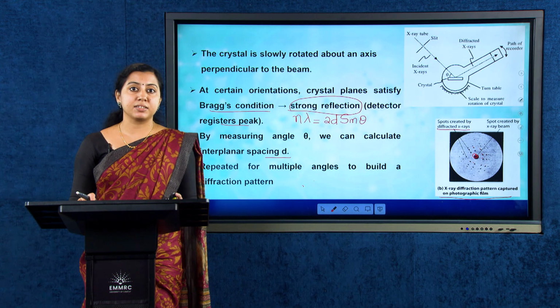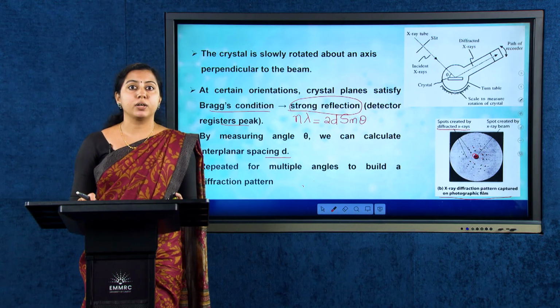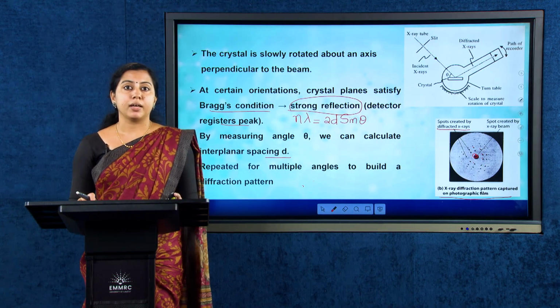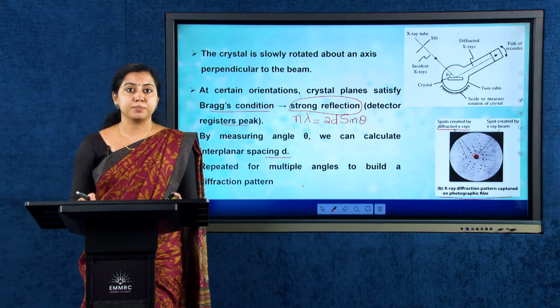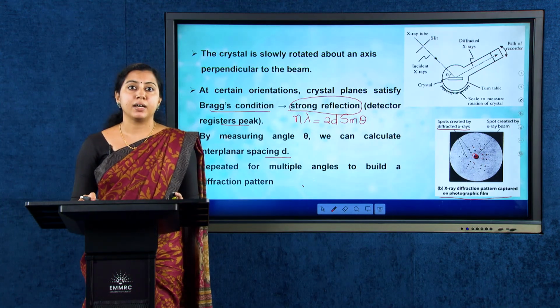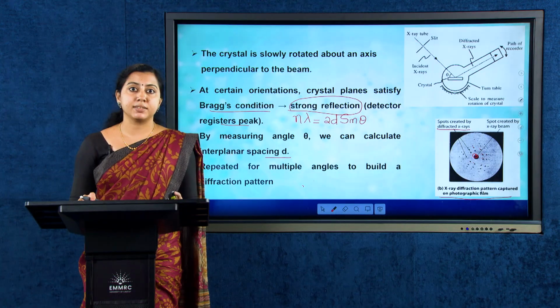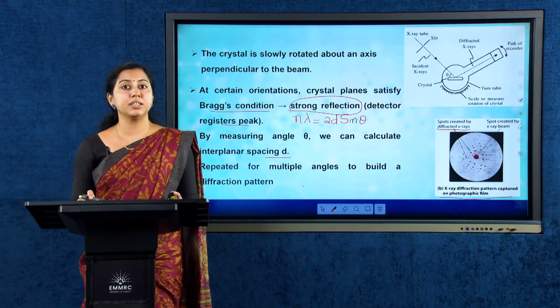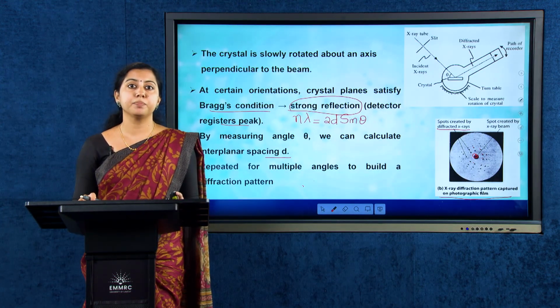Now, we can see an animated video of the rotating crystal method. You can see the X-rays generating from the X-ray tube and falling on the crystal at an angle theta. The crystal is rotated on a rotating table, and by varying the angles, you can see that at some angles the planes satisfy the Bragg's condition n lambda equals 2d sin theta.